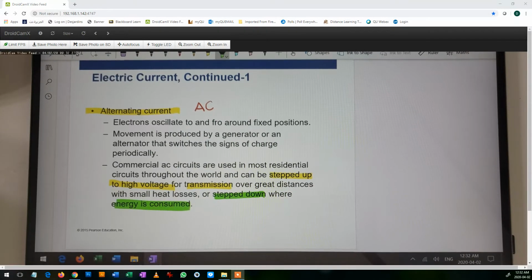So again, we can step up for transmission, or step down when we want to consume it.